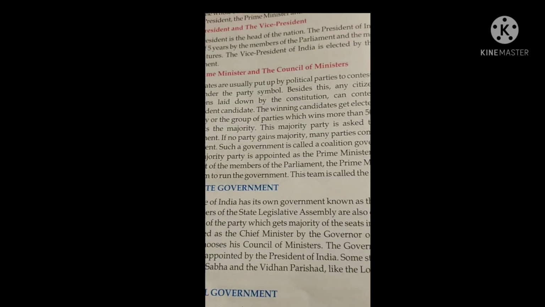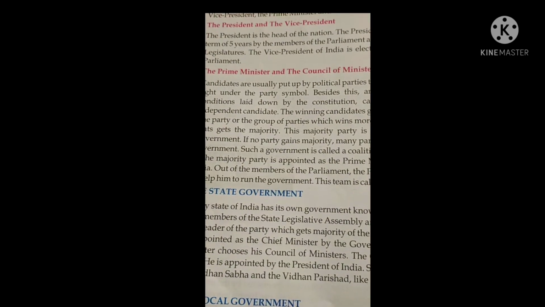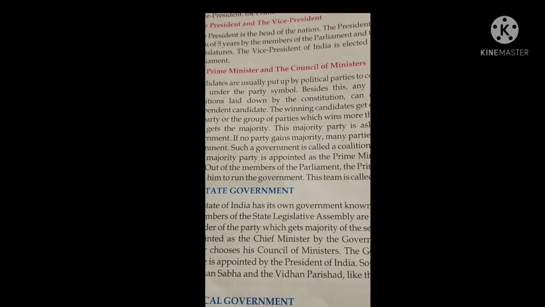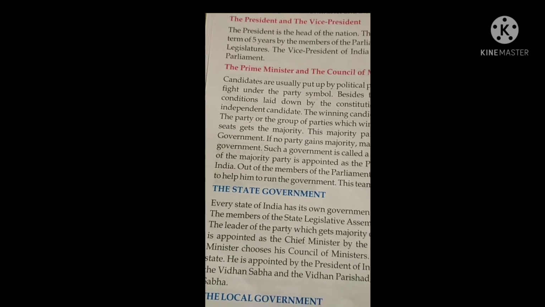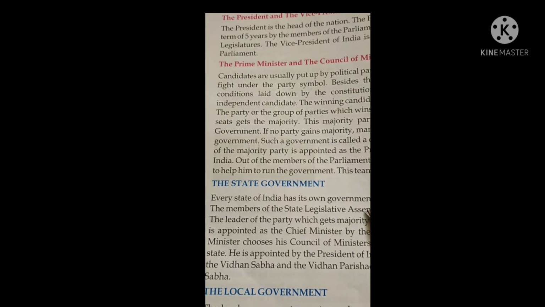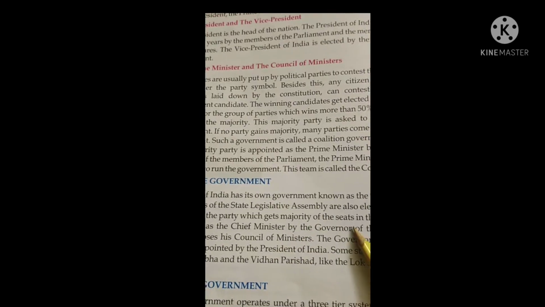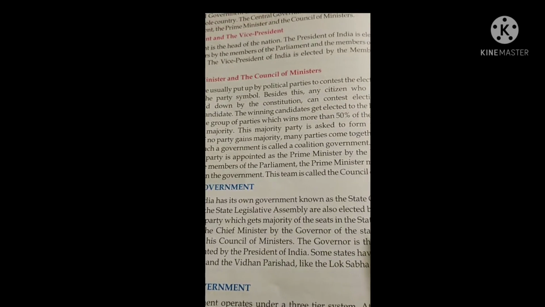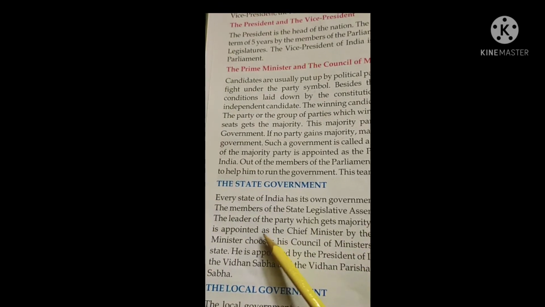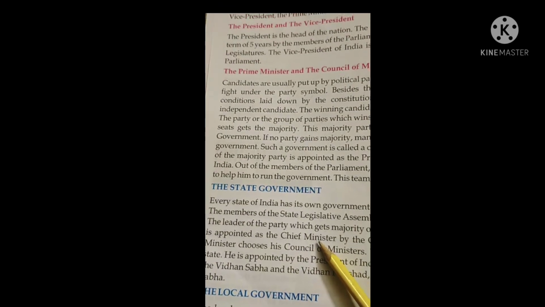So here also people elect the members of the state legislative assembly, and then the majority party, the party which gets the majority of the seats, the leader of that party is appointed as the chief minister.